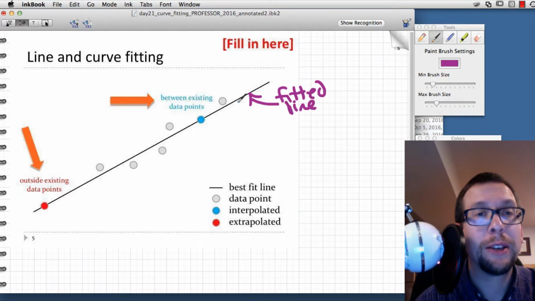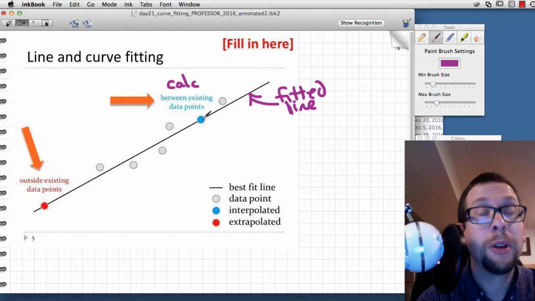So this fitted line allows you to then calculate other imagined data between data points that weren't actually measured, but based on this fitted line, you can calculate using the equation of the line points that could have existed between these other actually measured points.